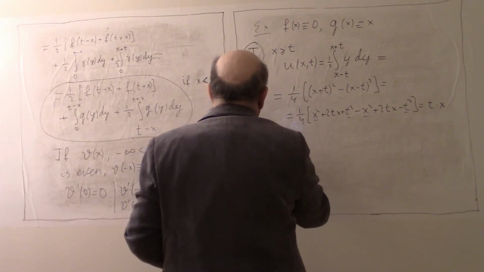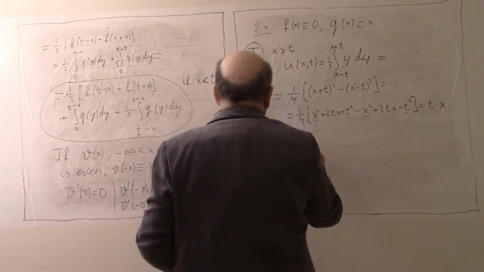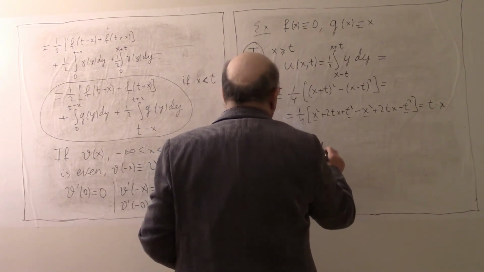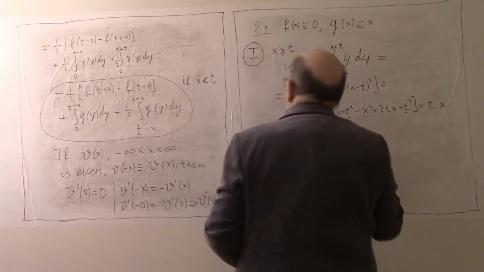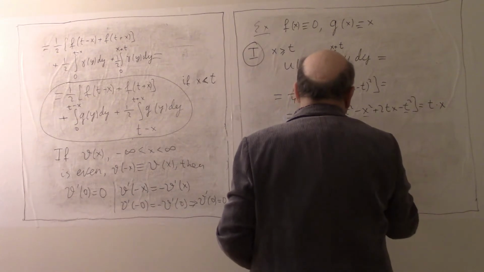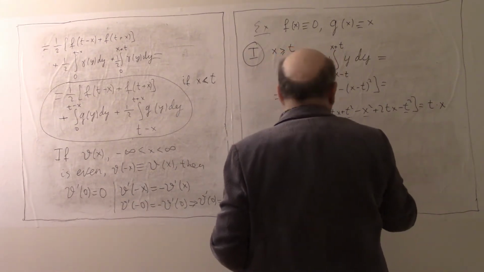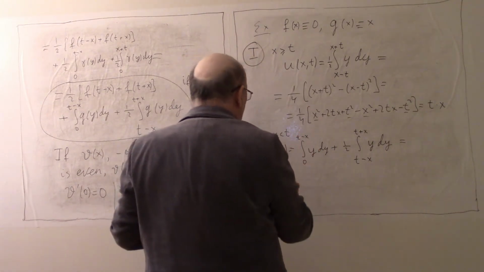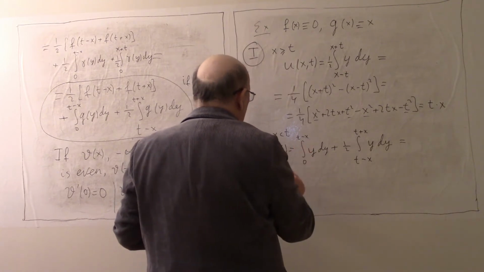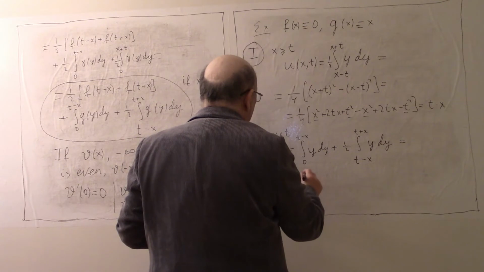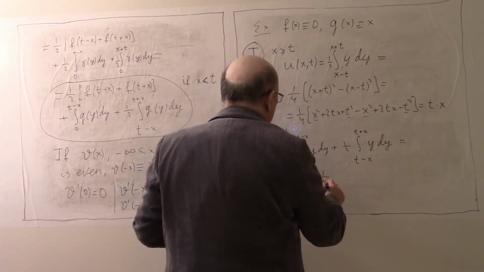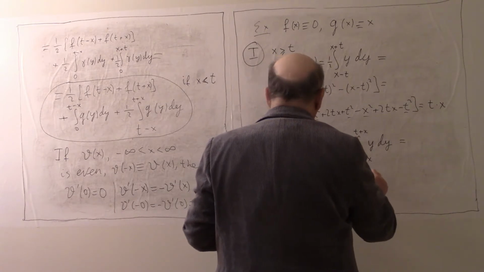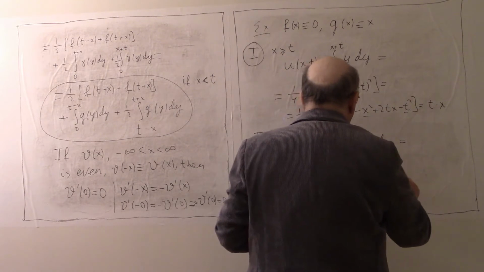Now in the second domain, x less than t, we should use this formula. U of x,t equals integral from 0 to t minus x of y dy plus 1/2 integral from t minus x to t plus x of y dy, equals 1/2 (t minus x) squared plus 1/4 (t plus x) squared minus 1/4 (t minus x) squared.